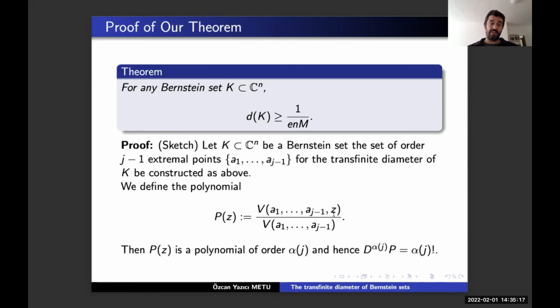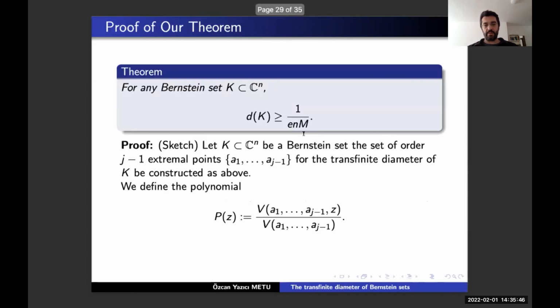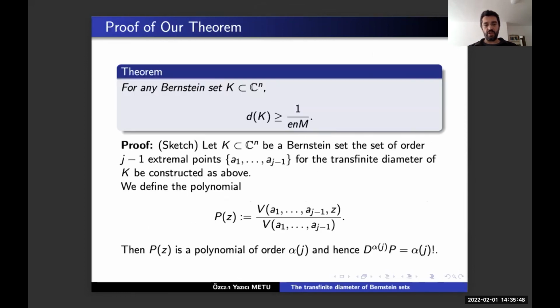Sorry, z is in K as well, so it's not one variable, it's an n-variable polynomial. And you can easily see that the order of this polynomial is alpha_j. This follows from the determinant. Remember, the determinant here is given by this matrix, and this shows that basically it has order alpha_j.